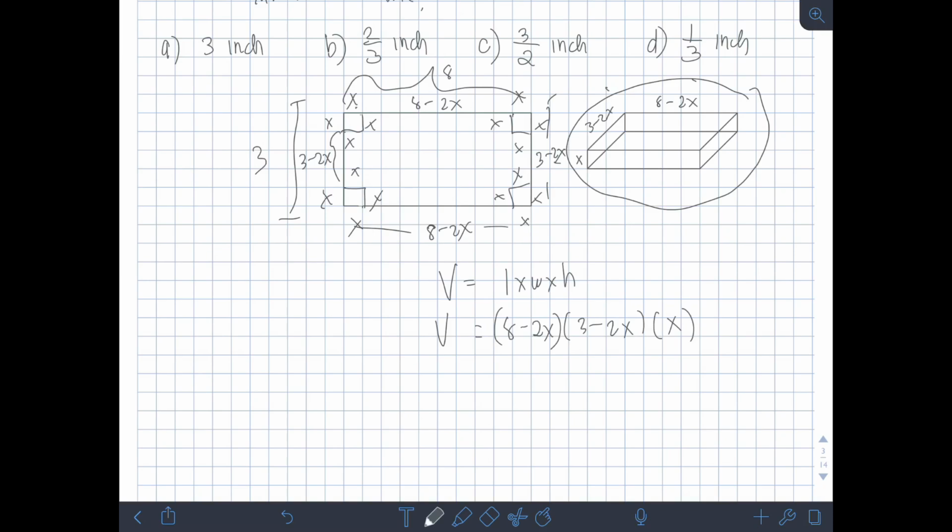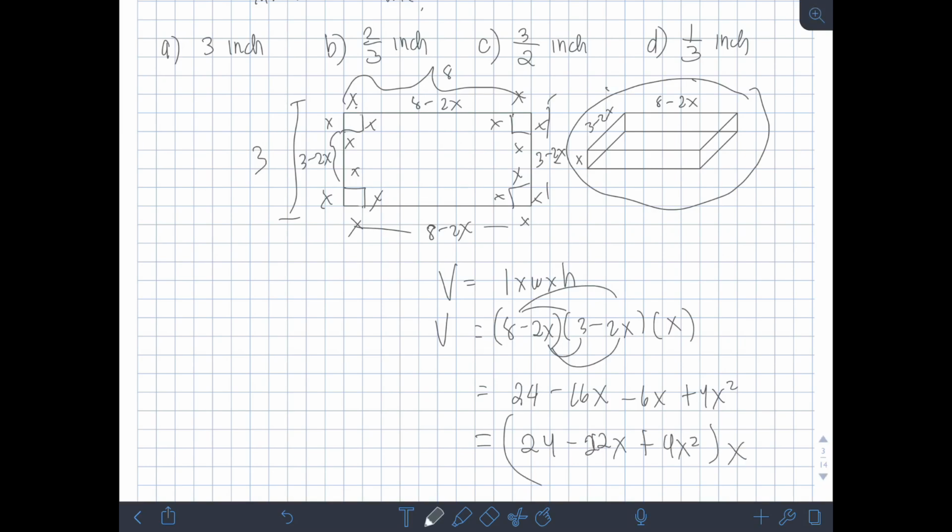So, the first step, kapag nagma-maximize tayo, ay i-differentiate natin. So, i-simplify muna natin, gawin nating polynomial. So, i-FOIL natin to, we have 24 minus 16x, then minus 6x, then plus 4x squared. So, we have 24 minus 22x plus 4x squared.